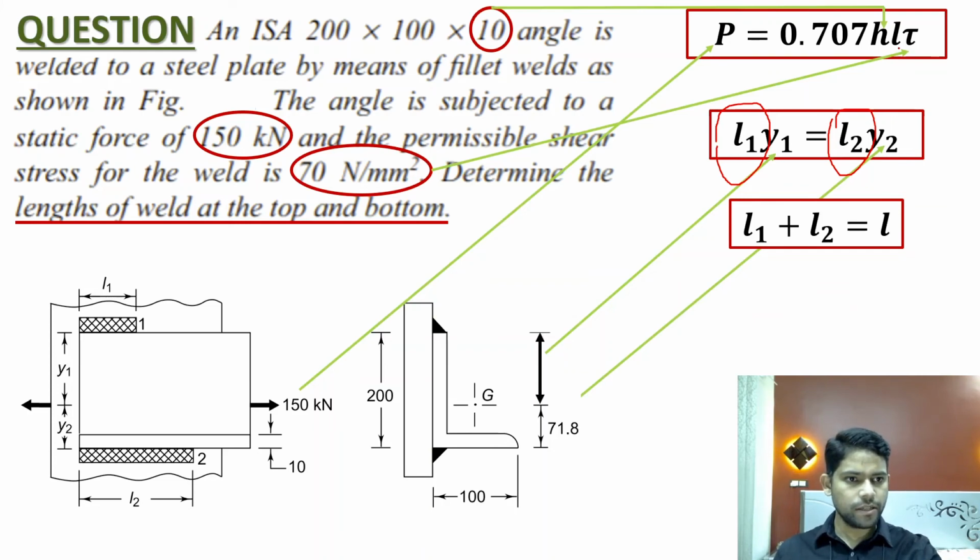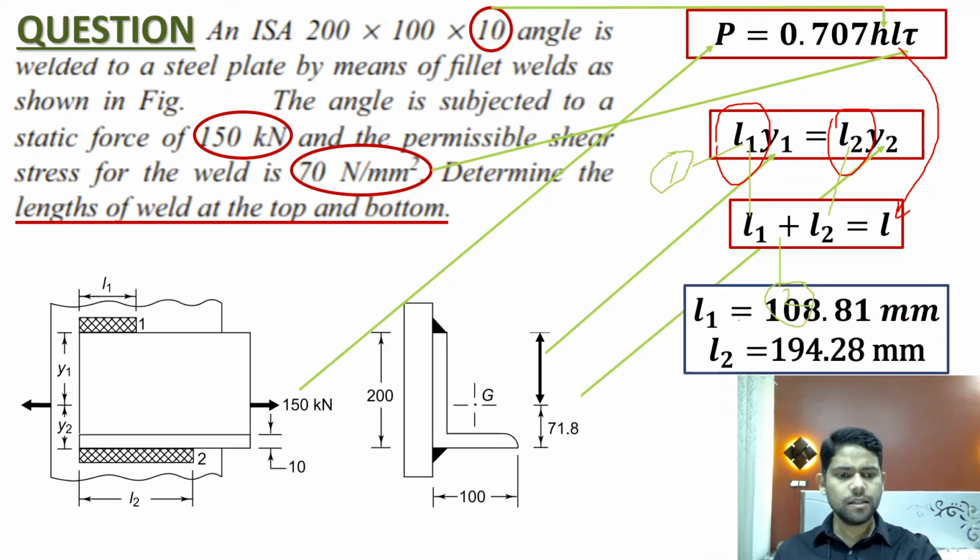Now you have two equations in two variables, which is very easy to solve, and from these two equations you will get the length of weld 1 and the length of weld 2.